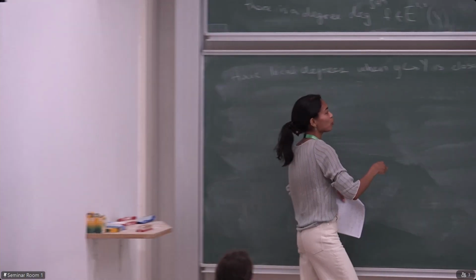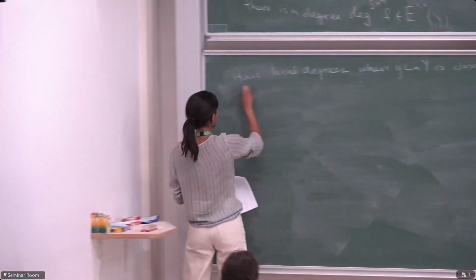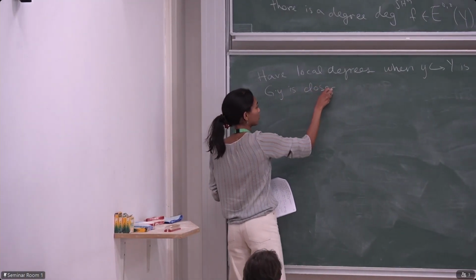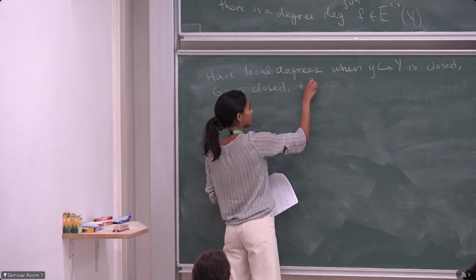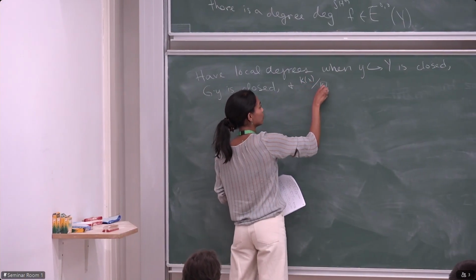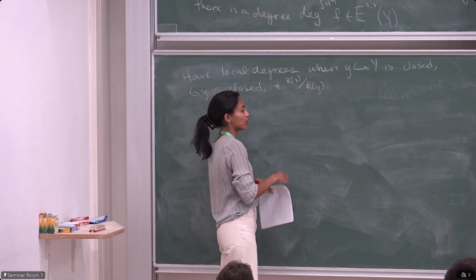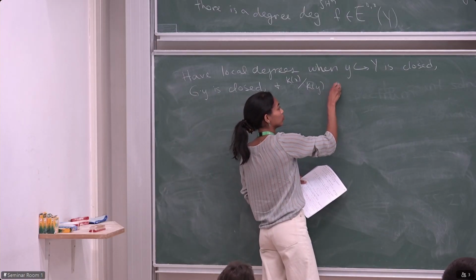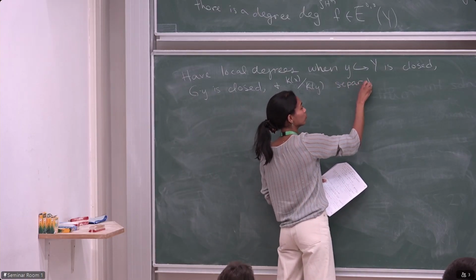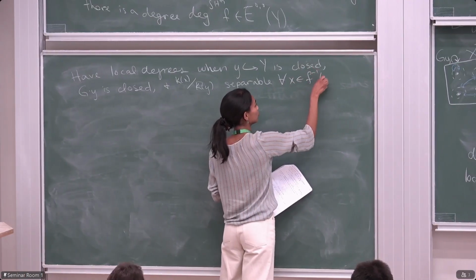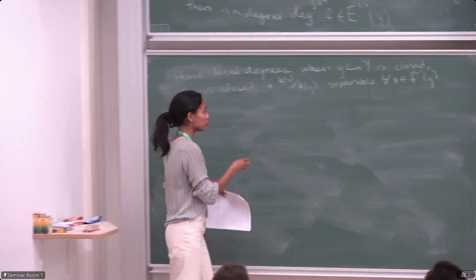So this point y is closed, its orbit is closed, and the residue field extensions are separable. So you have local degrees.